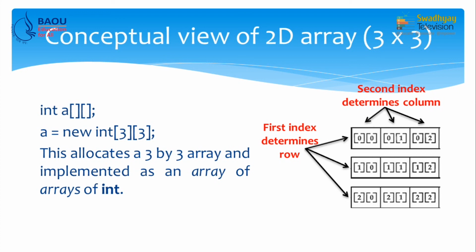Now, the first element is referred to by [0][0], where the first 0 represents the row number and the second 0 represents the column number or column index. So, the second index determines the column and the first index determines the row, and remember it always starts with 0.